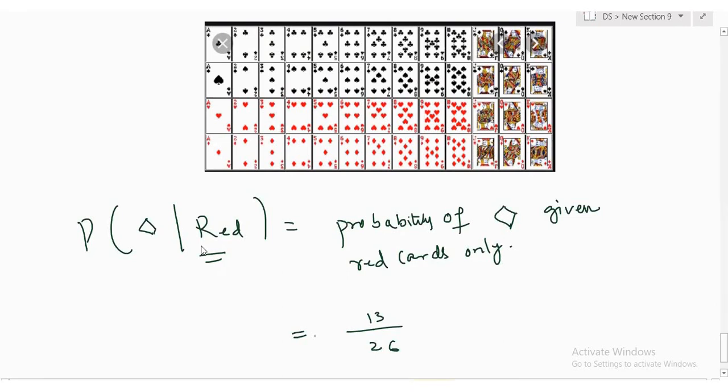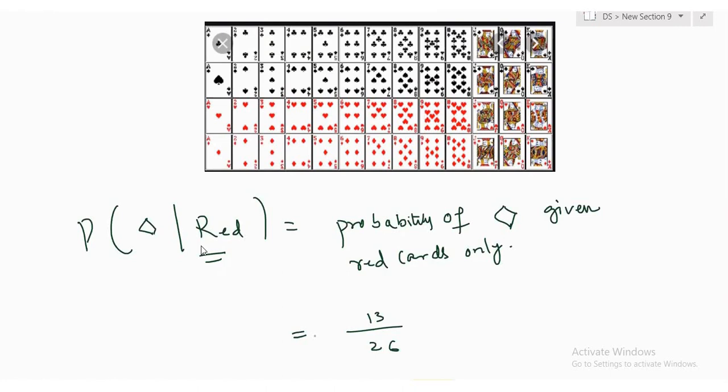Probability of A given B. I'm giving some information about B. Provided that information, I am asking to calculate the probability of another event A, right? Whenever I have some information about it, the way I talk about that event is with more clarity, right?